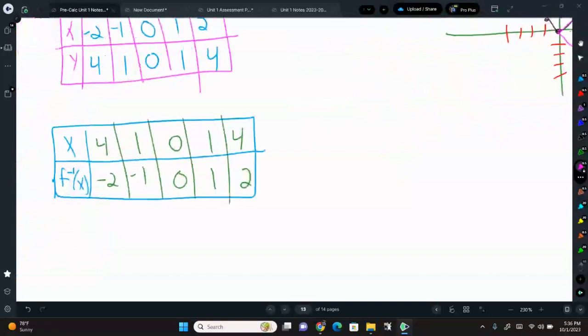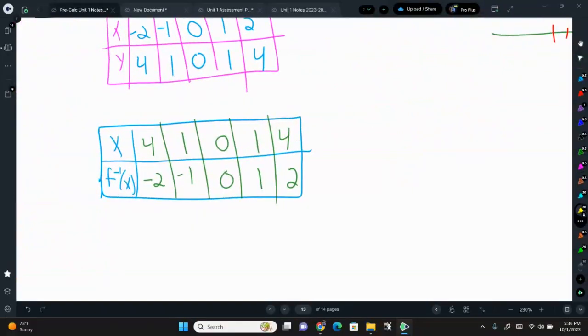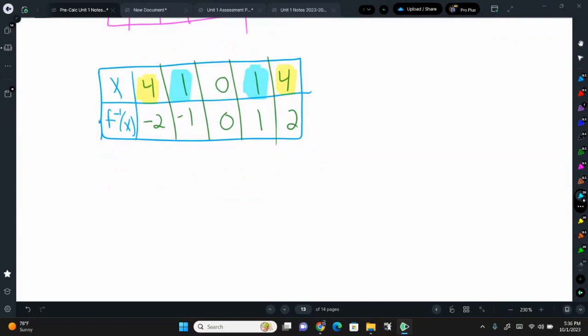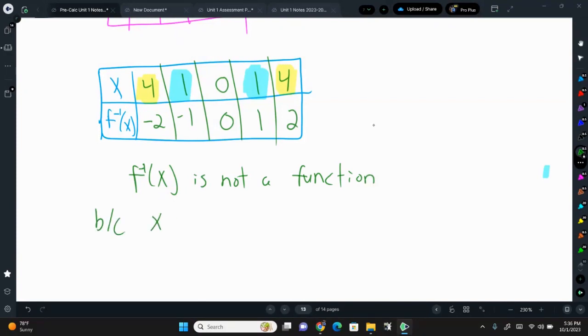If you look at our table, you'll notice that we have x values that repeat. So this can't be a function because x values are repeated. So the inverse of f of x is not a function because x values are repeated.